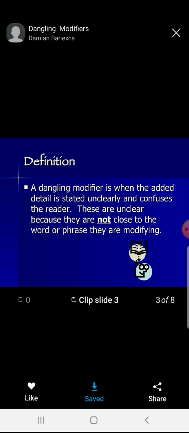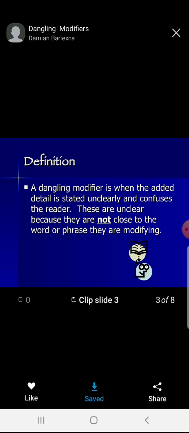Nah, ini dia dangling modifier ya. What is a dangling modifier? A dangling modifier is when the added detail is stated unclearly and confuses the reader. Jadi si dangling modifier itu terjadi ketika detail yang ditambahkan, deskripsi yang ditambahkan itu disebutkannya terlihat seperti tidak jelas atau membingungkan pembaca.